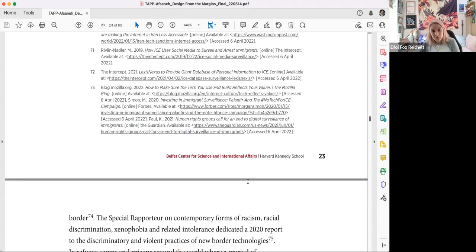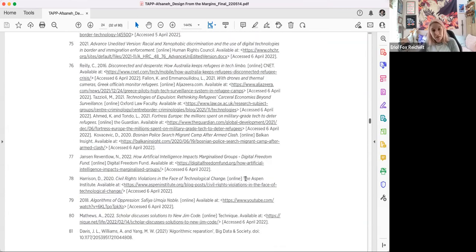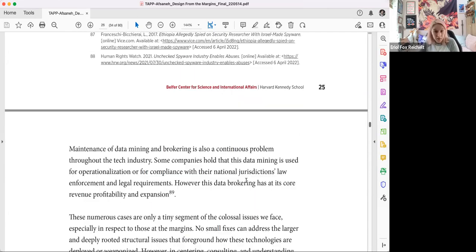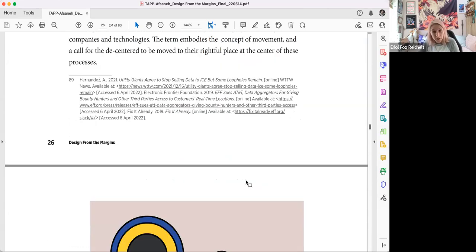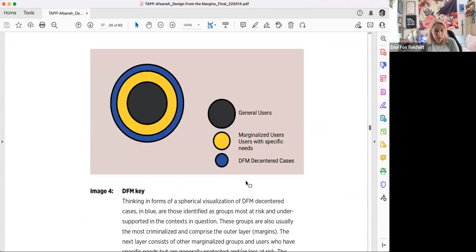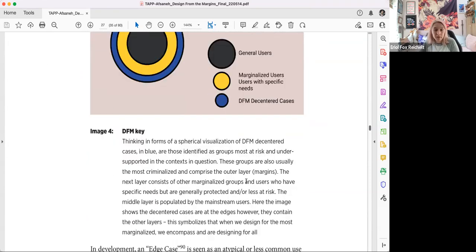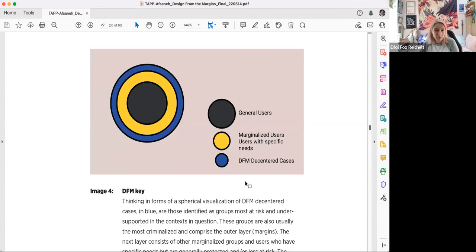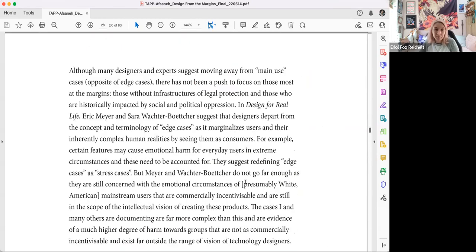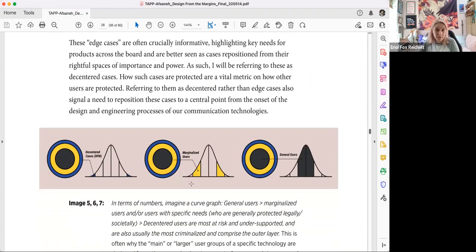I didn't note anything down in this next section, but I found it a really interesting section, and the diagrams are particularly interesting. They help explain things. I found the circle one harder to understand than this diagram here, with the decentered cases on the outside of the bell curve diagram.